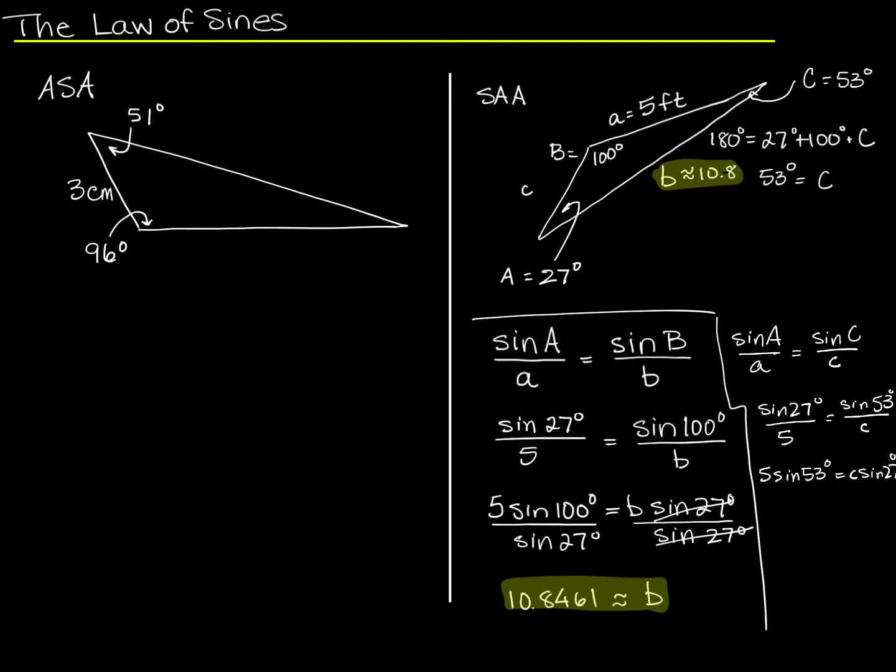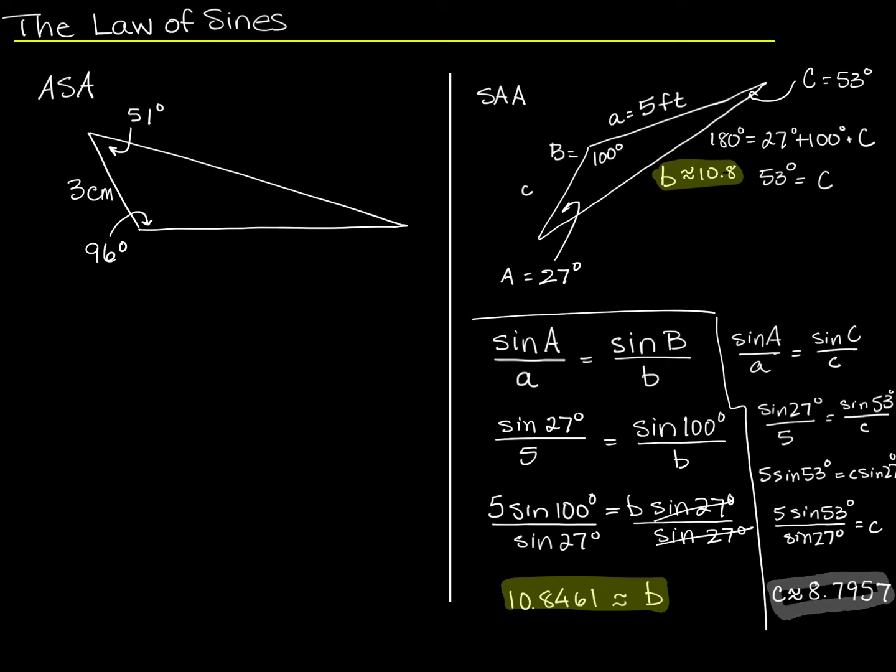Dividing both sides by the sine of 27, I get 5 times the sine of 53 over the sine of 27. Notice I'm including my degree symbol even though I'm not saying it. That's going to give me little c. And my calculator tells me that c is approximately 8.7957.